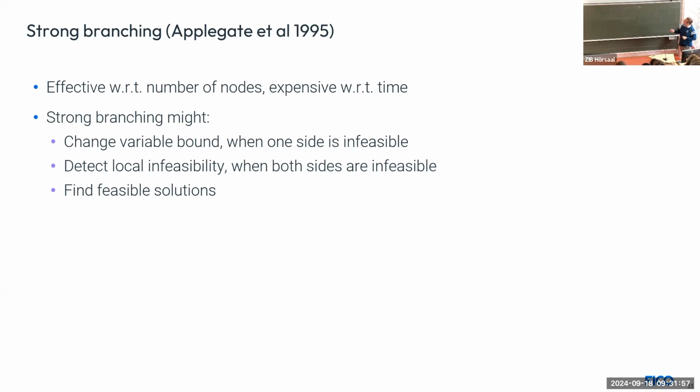Then, if both sides are infeasible, of one of your branching candidates, doesn't matter which, you prove that the remaining subproblem as a whole is infeasible. You can prune the node at this point. And as a side effect, you might find feasible solutions. All of this happens in the branch and bound algorithm anyway. You just do it 1 step earlier by your look ahead.